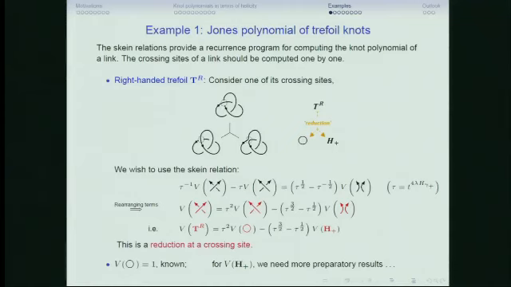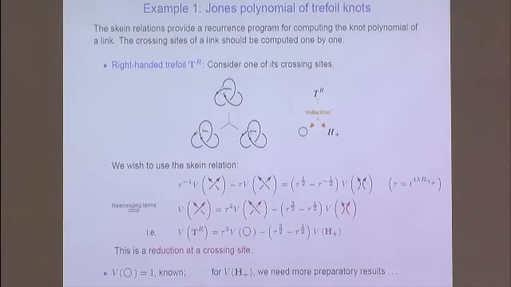First, the example is the right-handed trefoil knot, TR. For this TR, we consider this crossing site, undercrossing, overcrossing.